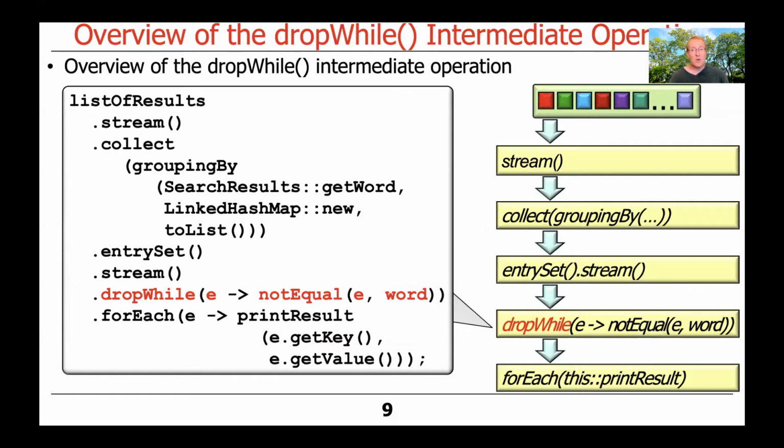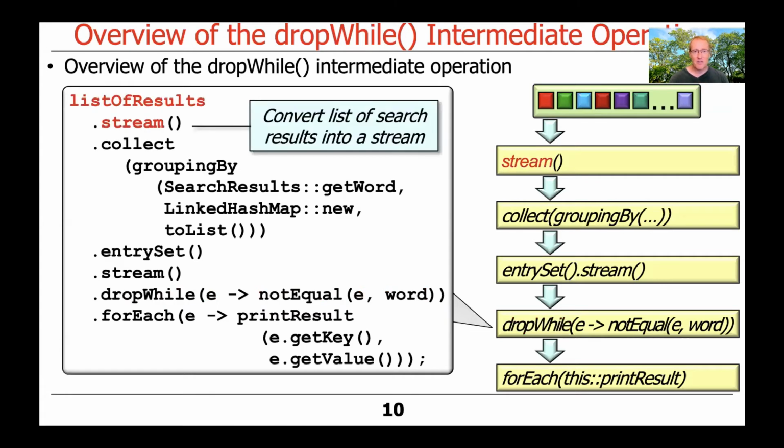So we use this in some interesting ways, and I'll show you the source code later, but here's just a high-level visual walkthrough to show you how dropWhile can be applied. After we run all the other processing, we're going to end up with a list of results that keep track of all the places where the words were found in the lyrics of the song.